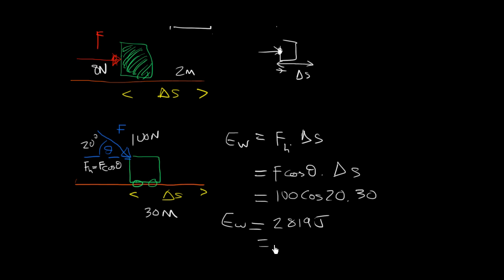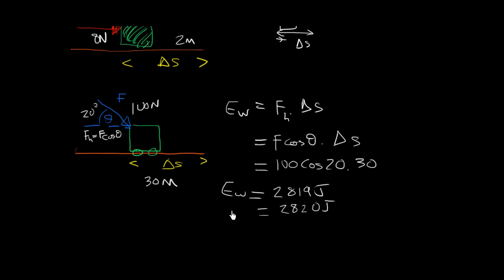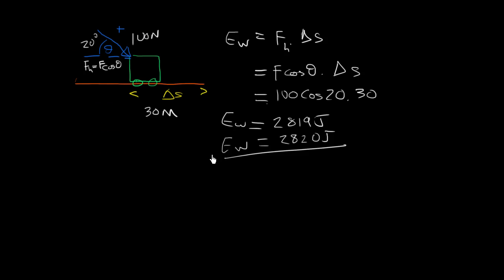To three significant figures, that would be 2,820 joules, if we wanted to leave it to three significant figures. And so that's the amount of work that we've done on the object. So we've always got to use the force that goes along the same direction.